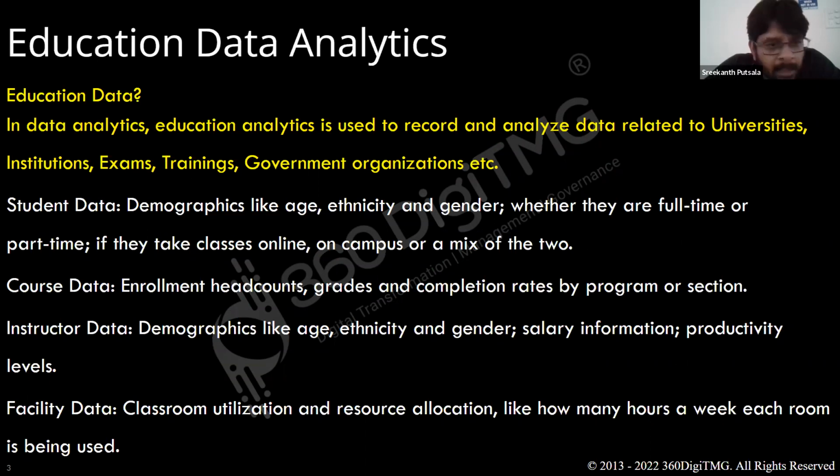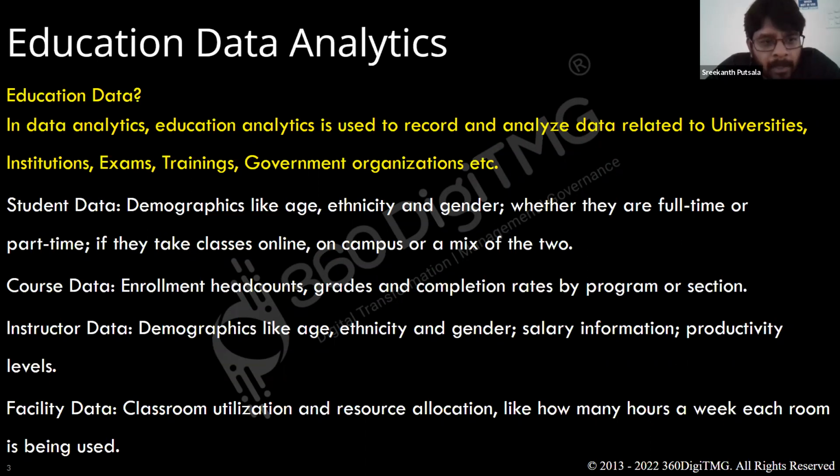So we can take student data, where we use the demographics like age, ethnicity, and gender, whether they are full-time or part-time, if they take classes online, on campus, or a mix of the two. So the data that we are going to take here depends on different factors.